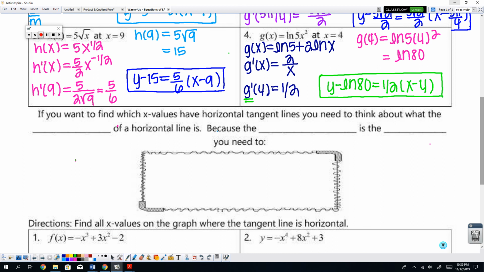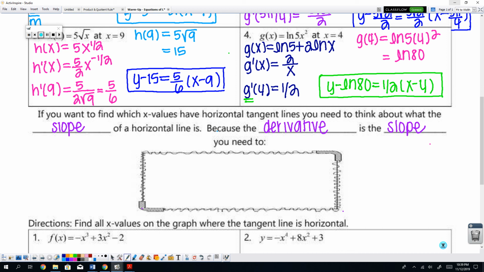Okay? If you want to find which x values have horizontal tangent lines, you need to think about what the slope of a horizontal line is. Now, because the derivative is the slope, the slope of a horizontal line is 0.